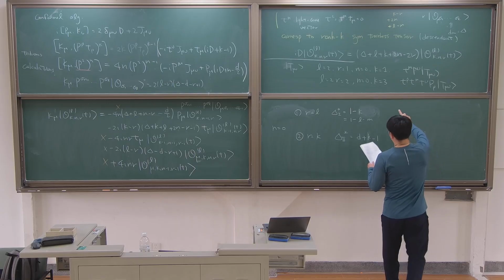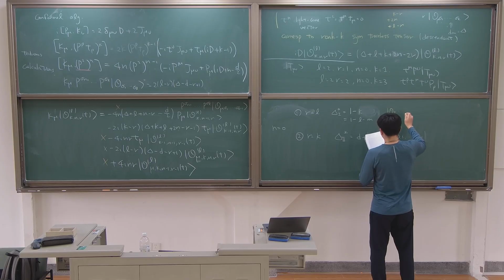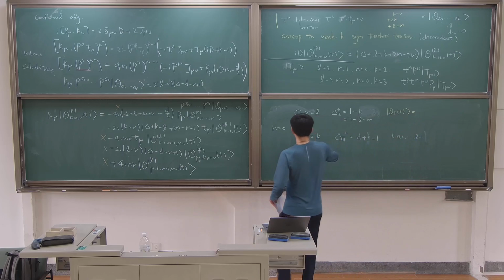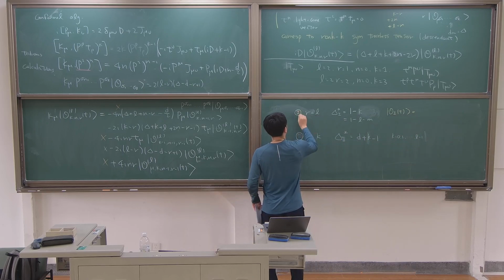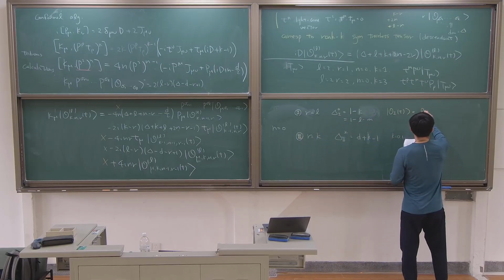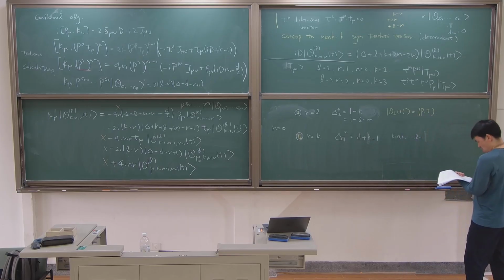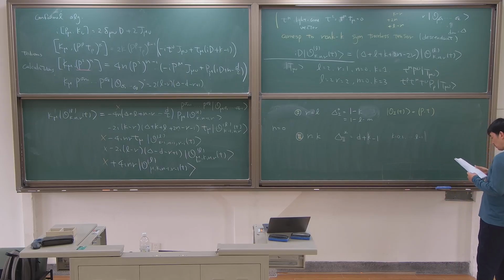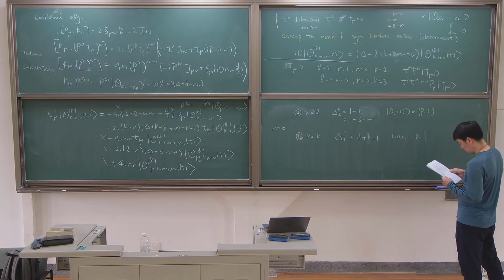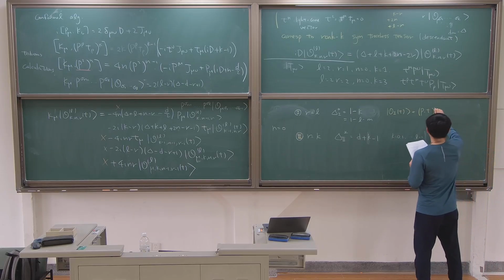And then this guy corresponds to the following thing. So I call it O1, type 1, T. And okay, so I should use 1 and 2. This one corresponds to T to the n.